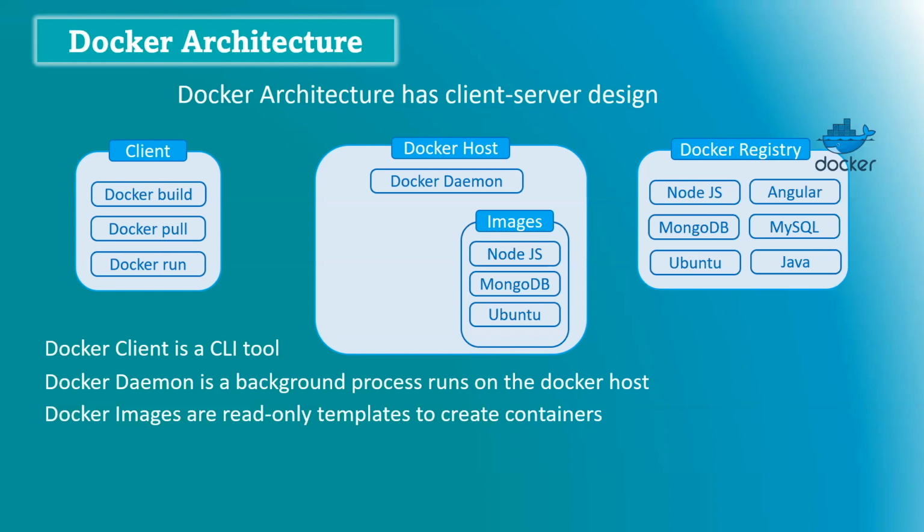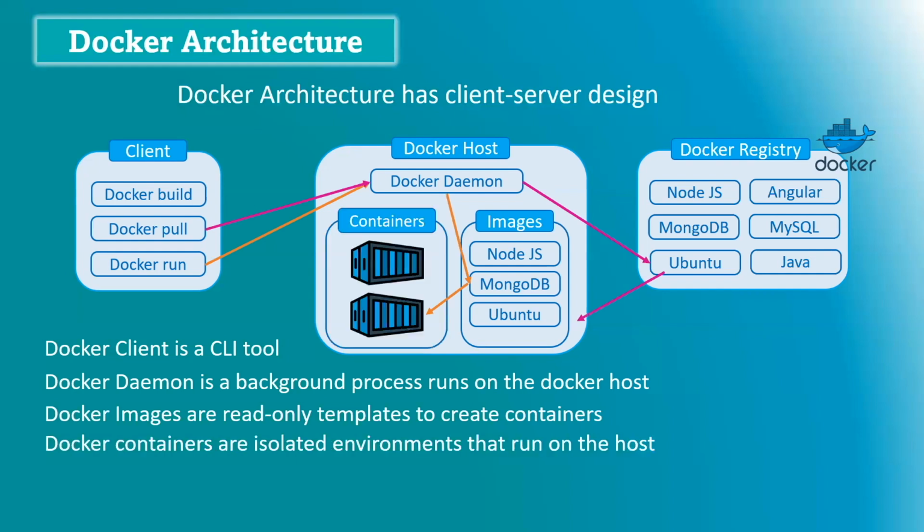This is a centralized repo to store all Docker images. When we refer to a Docker image, the Docker daemon first checks its availability locally. If not found, it pulls the image from the Docker registry. We will review all these components and features in great detail during hands-on labs.